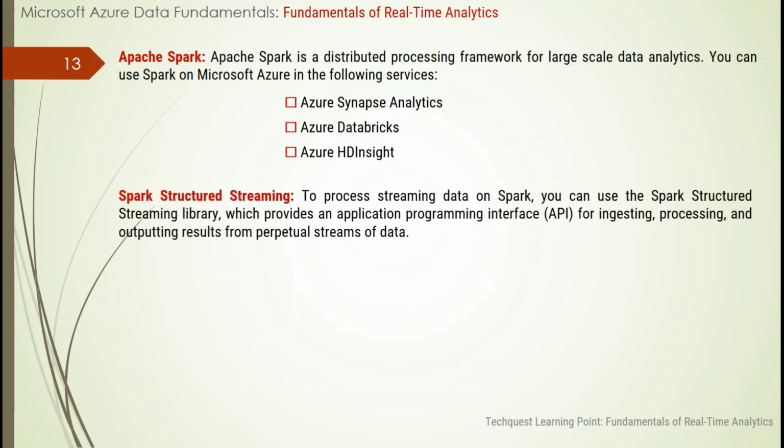Spark Structured Streaming. To process streaming data on Spark, you can use the Spark Structured Streaming library, which provides an application programming interface (API) for ingesting, processing, and outputting results from perpetual streams of data. Spark Structured Streaming is built on a ubiquitous structure in Spark called a data frame, which encapsulates a table of data.